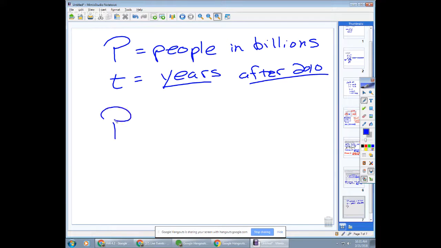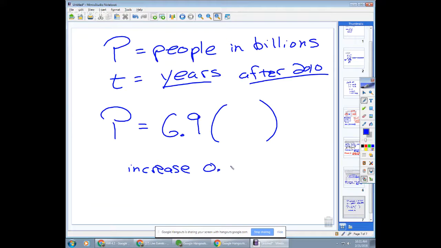So to calculate the new number of people, I need my initial amount. What's that here again? 6.9. That's the 6.9, yep. And then I need to multiply with an increase of 1.1%. What's that going to look like? I'm going to put that together. We're going up by 1.1%. So what's my multiplier? By an increase of 0.011, right?